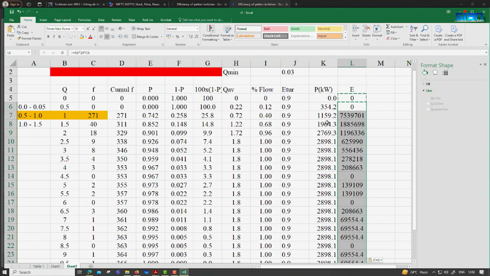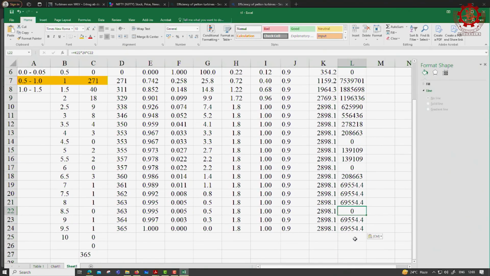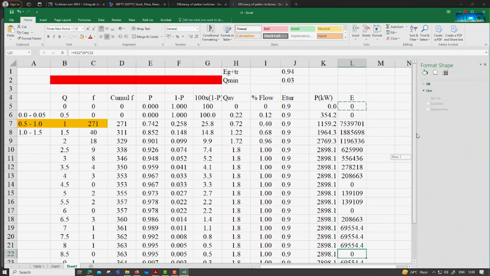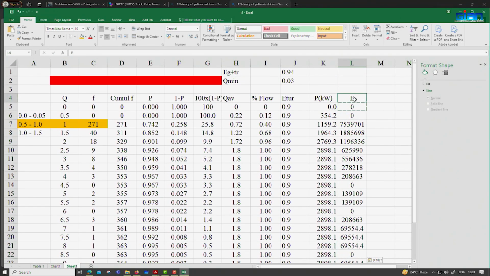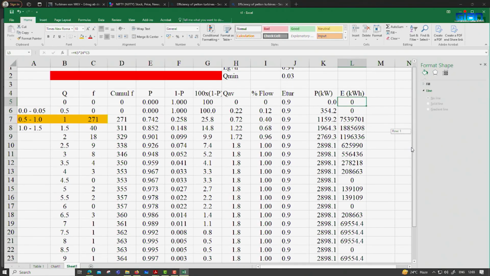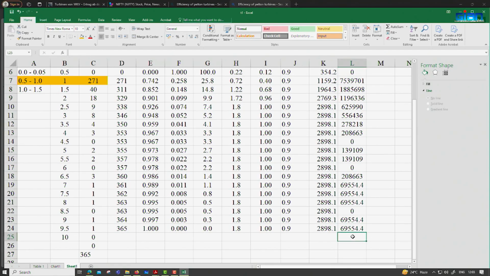Okay. So for every day we know how many kilowatt hours have been generated as per this calculation. Then we can see the total. You can put it in megawatt hours if the numbers are large. So this is in kilowatt hours. Then we can sum it up as annual energy.